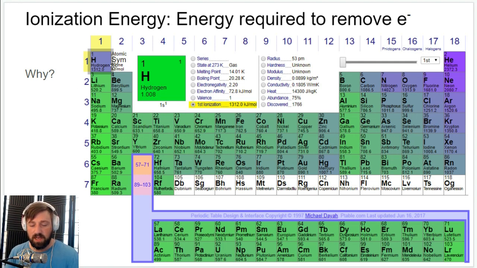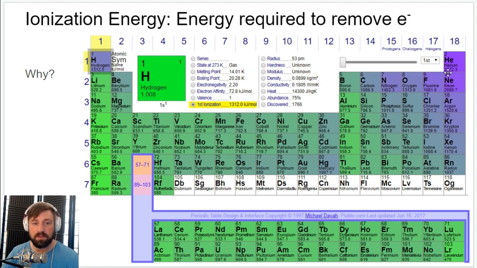So that means that it's going to be harder for that nucleus to attract that one lone electron out on the end. Group 1, these guys are going to have a very low ionization energy, and it's going to start being harder and harder to steal as you move this way. So we're going to have increased ionization energy moving from left to right.